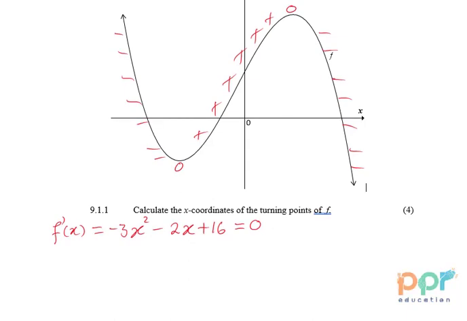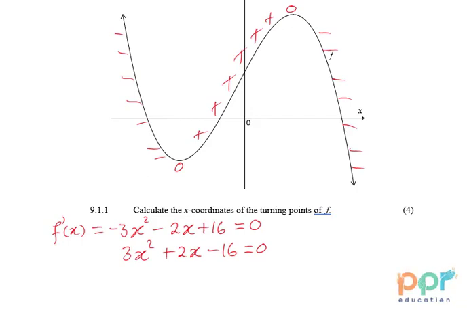Now I am required to solve for x. So I can divide both sides by minus 1. I am remaining with 3x squared plus 2x minus 16 equals 0. Then I need to factorize this.